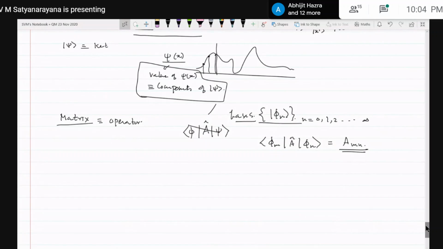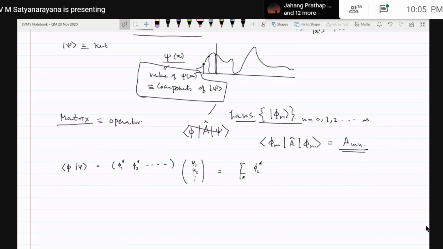So what I am saying is that you could write your psi, and then you could use some phi. At some finite level, you can say that you have phi 1 star, phi 2 star, these are like elements, and then psi 1, psi 2, these are like elements. Then you write this as the sum over i of phi i star into psi i.